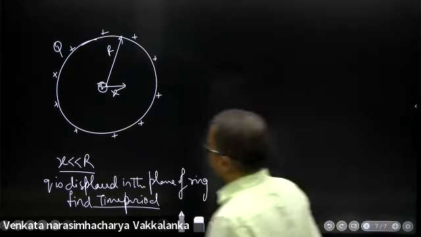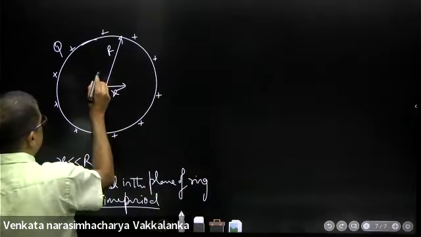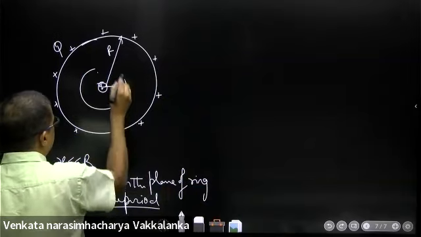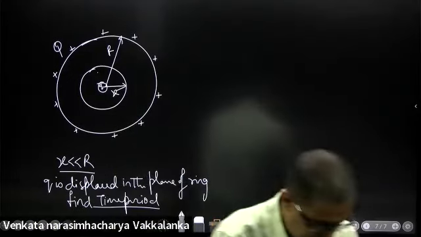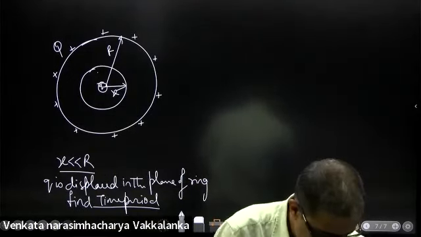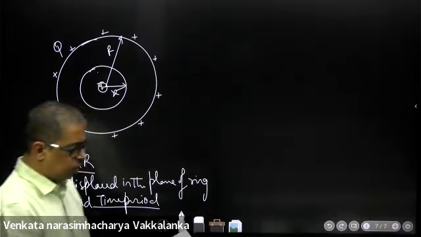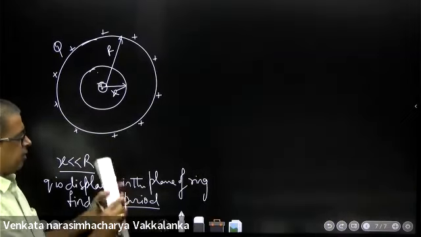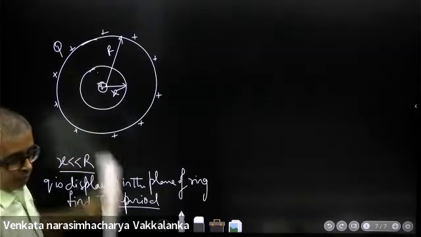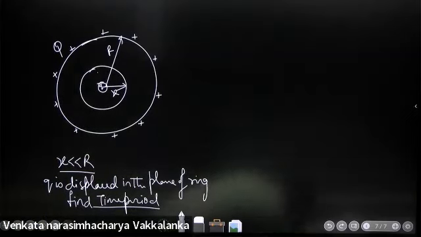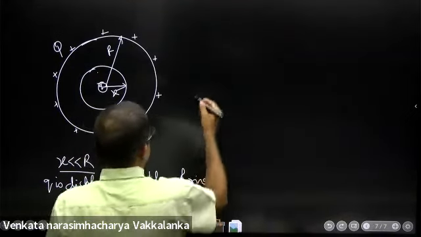Now listen. Consider the cross-sectional view. You are assuming a cylindrical Gaussian surface like this, with two approximations.